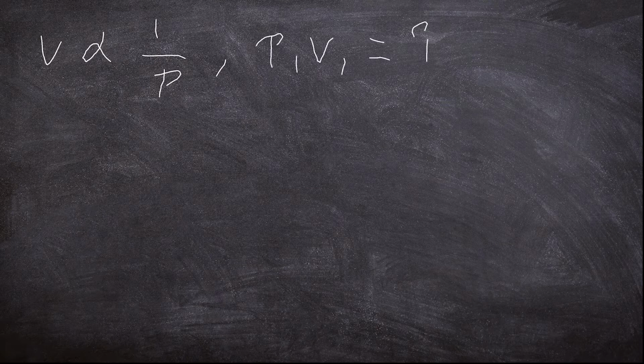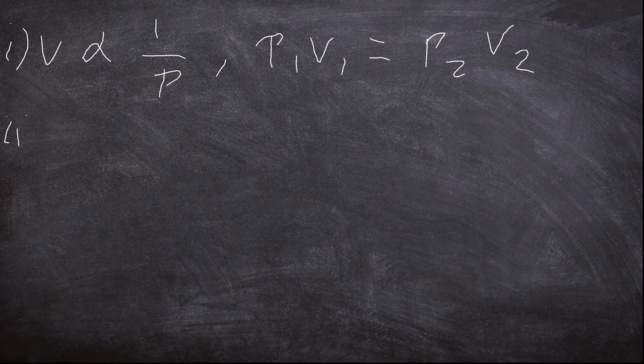In Boyle's law, volume is inversely proportional to pressure, and the equation can be written as P1V1 equals P2V2, where these are the initial and final values.